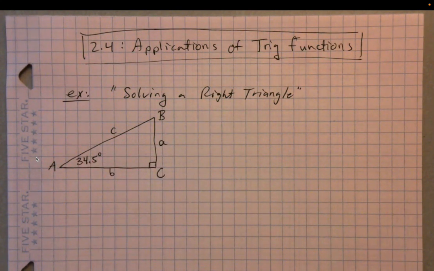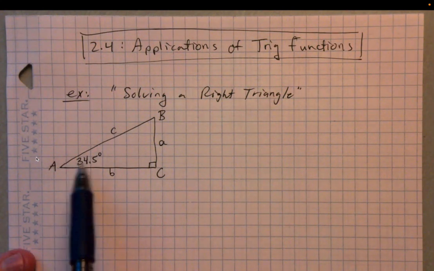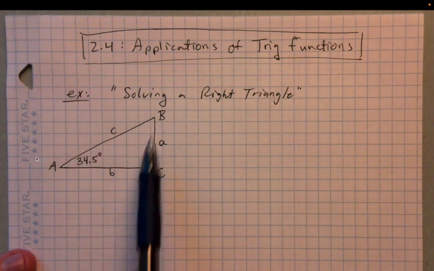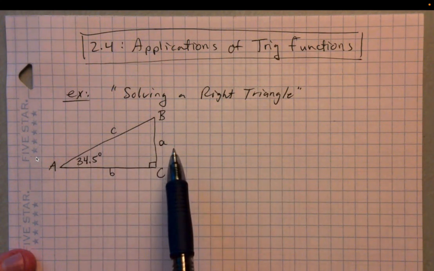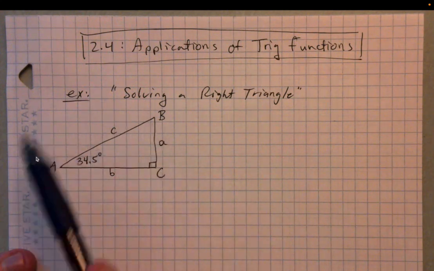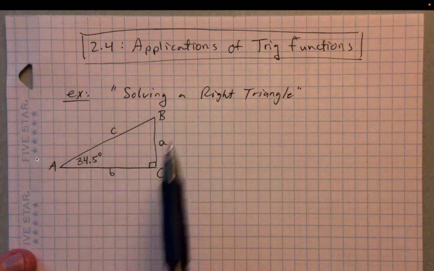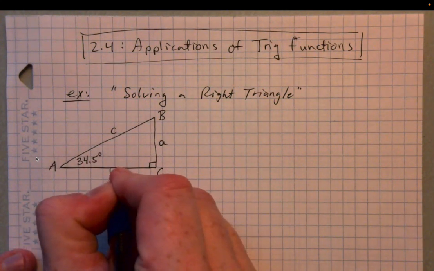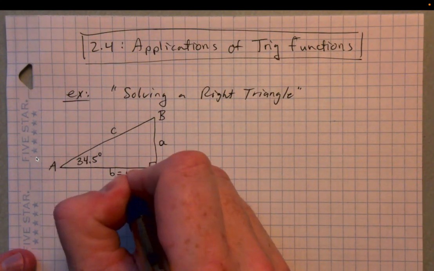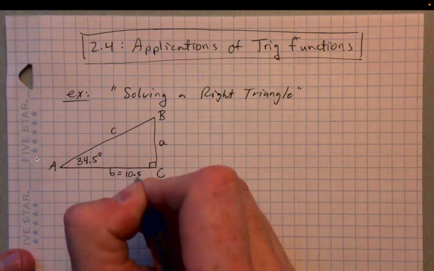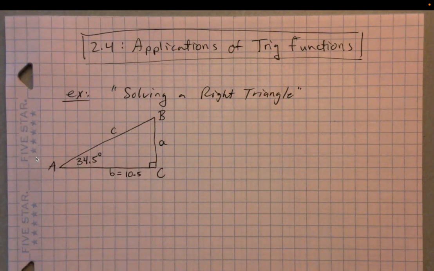What I mean by solving the right triangle is I want to know what all three angles are, and I want to know the lengths of all three sides. In this example, I don't have enough information to solve the right triangle, but if I put a length on b, maybe I'll say b is 10.5 units, inches, we could say.